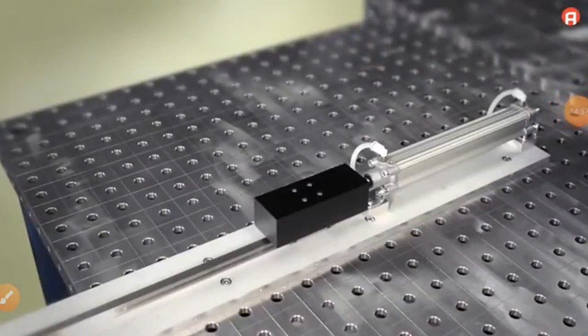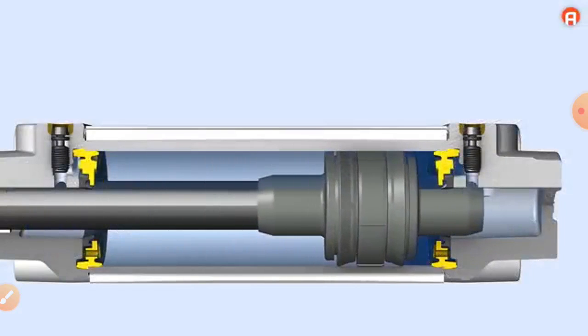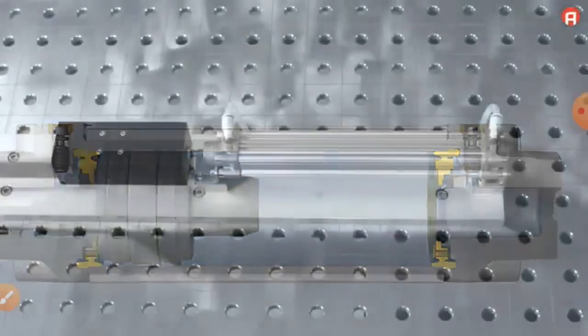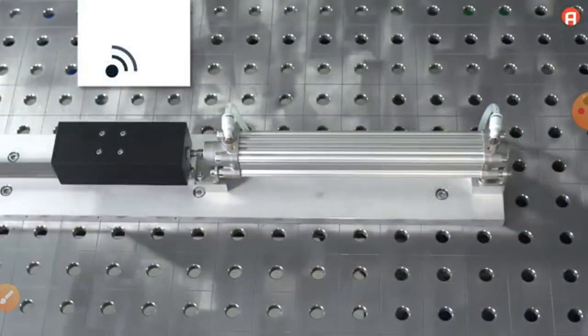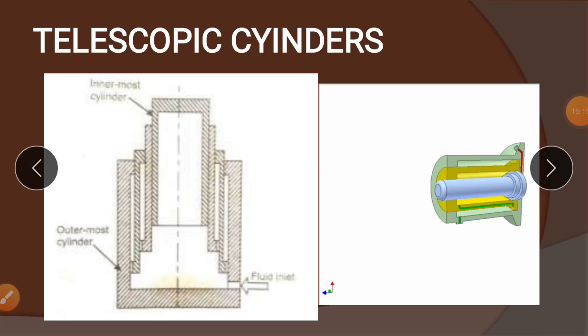You can see here the cushioning is expected here, the piston moves slowly at the end. Like that, this process is considered for the cushioning application, whatever cushioning is expected in the cushioned cylinders.